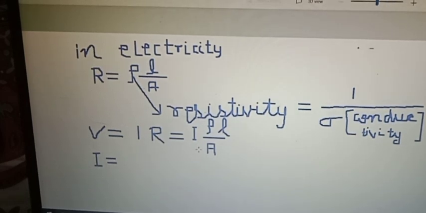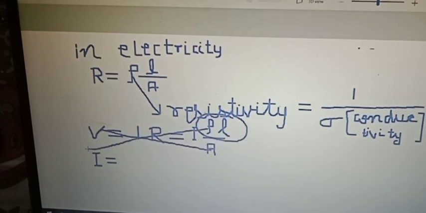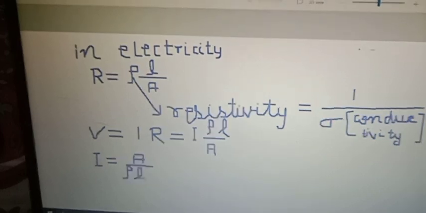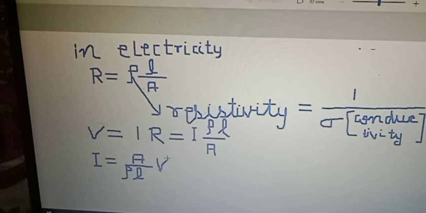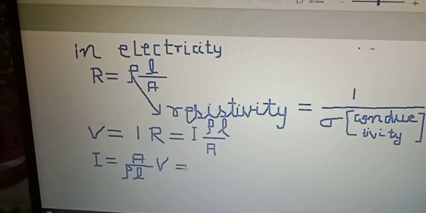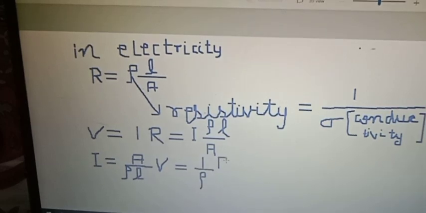So for I, the formula will be, after some cross multiplication, A upon rho L, and then multiply this entire thing by V. So on the left side there is current, and on the right side there is potential difference and some other terms.